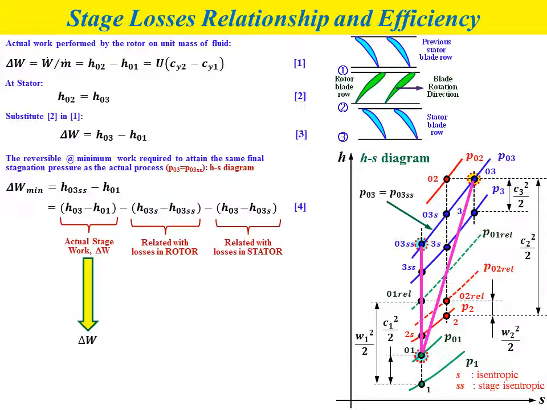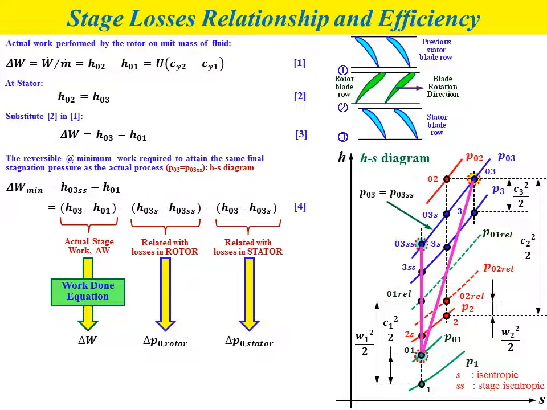Okay, for the first term in equation number 4, if we refer to the work done in equation number 3, H03 minus H01 equals delta W. And the term H03S minus H03SS refers to the total pressure loss for the rotor, delta P naught rotor.